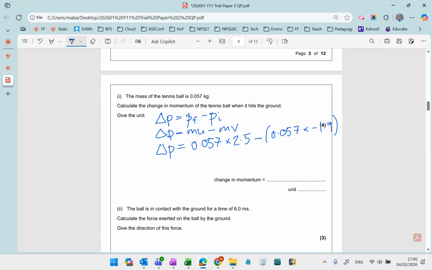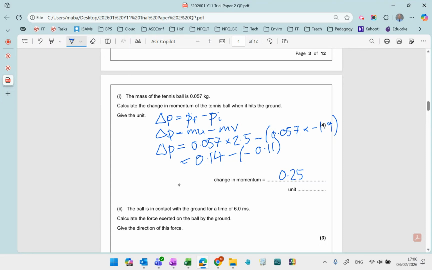And that means when you take your calculator and work this out, this bit over here becomes 0.14 kilogram meters per second, and this one becomes minus 0.11 kilogram meters per second. Okay, it's taken me a long time to get there, but you can see where I was going with this.